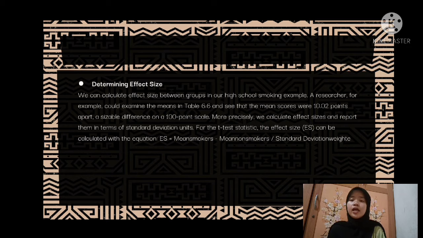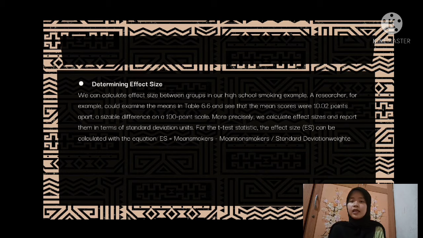Okay, next, determining effect size. We can calculate effect size between groups in our high schools. For example, a researcher could examine the means in table 6.6 and see that the mean scores were 10.2 points higher, depending on a 100 point scale.